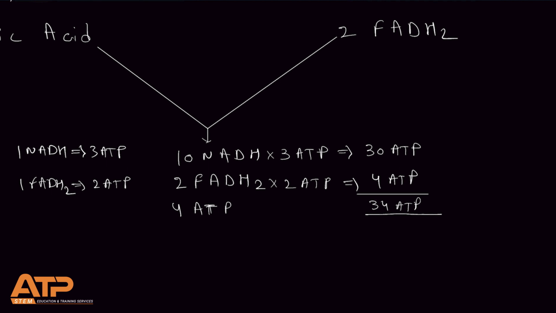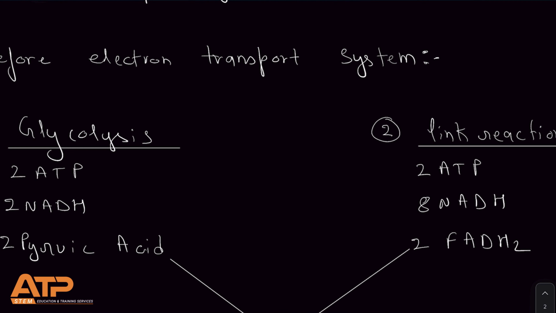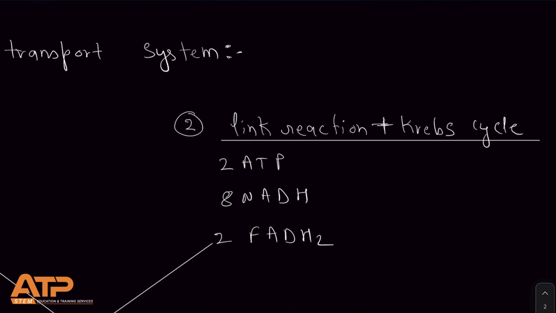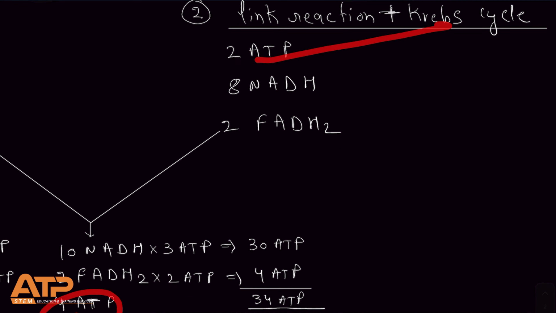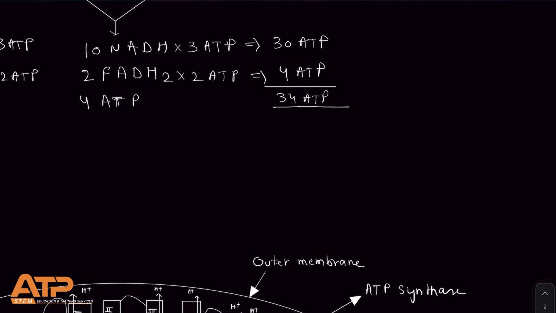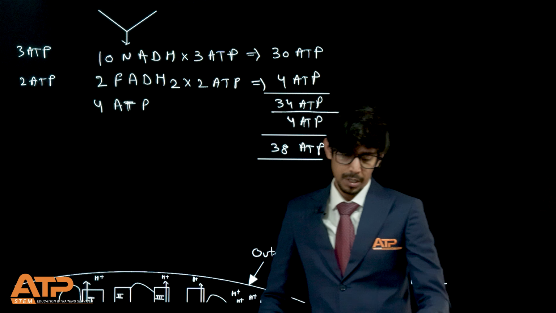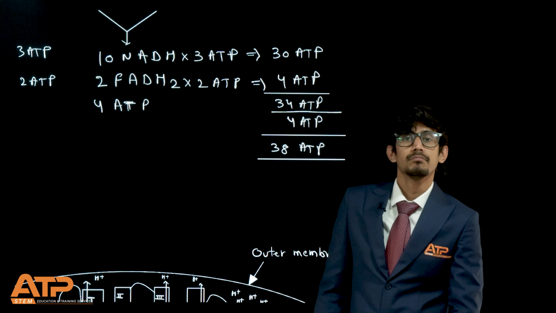Plus, remember, 4 ATP we already had from what? Glycolysis and the Krebs cycle. So we will add these 4 ATP as well. And total in aerobic respiration, we will get 38 ATP. Right?